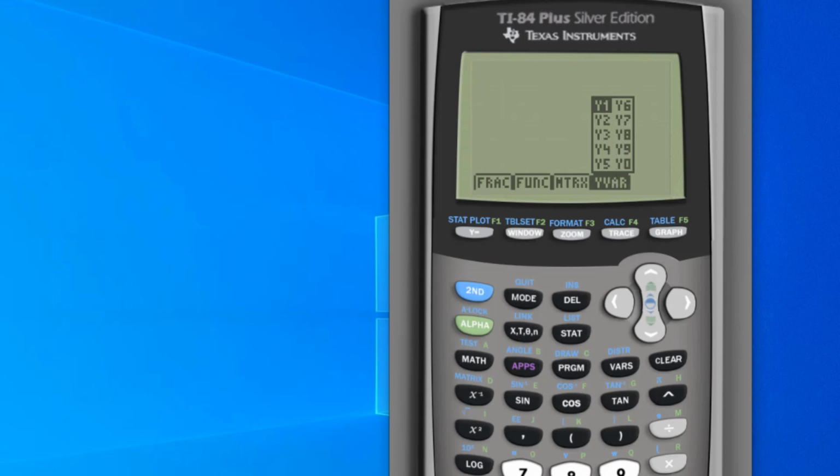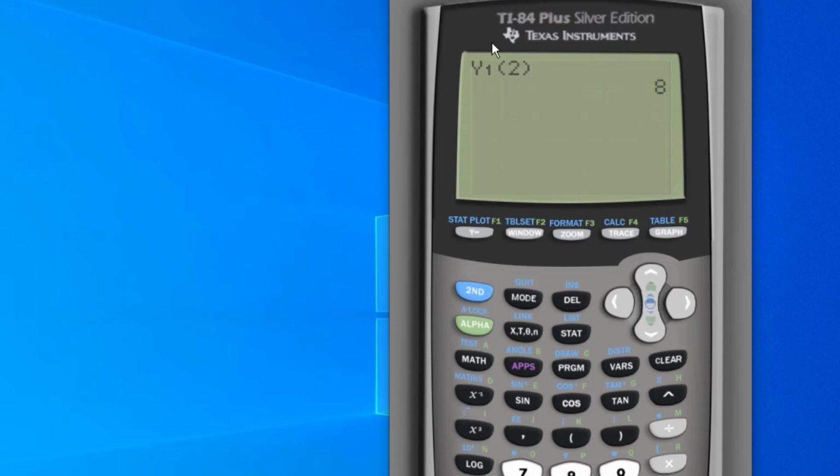Let's hit enter and I access Y1, Y sub 1. Hit enter. So what can I do with this? Well, one thing you can do is evaluate a function. If I put parentheses there, I want to evaluate this function at 2. So I enter 2, or any number you want, and hit enter.